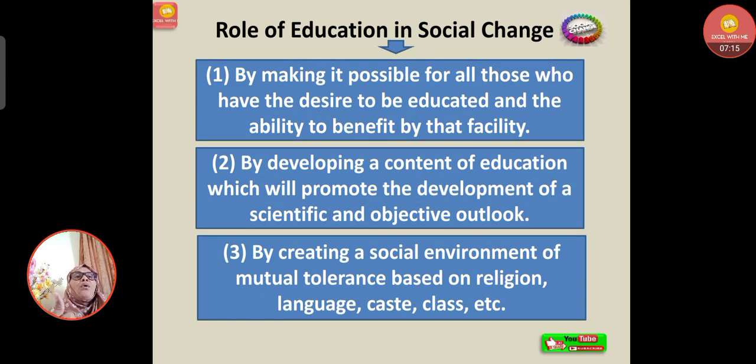Now, what is the role of education in social change? Let's understand. Education acts like an agent of empowering the thoughts and life of an individual. When collective thoughts are changed by education, then societal change occurs. Development of science and technology is an example of how education brings social change.